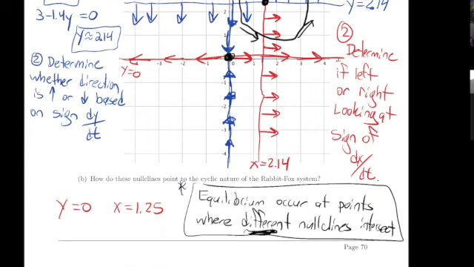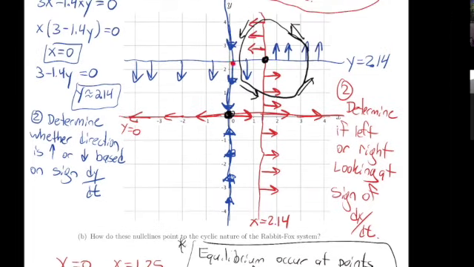At this point over here, we have two y nullclines intersecting with each other. That's not an equilibrium. dx/dt is not zero at this point. And the same over here, where the two blue lines intersect, we have two x nullclines intersecting, and that's not an equilibrium because dy/dt is not zero there, it's pointing down. So we have two equilibria, one here and one here.